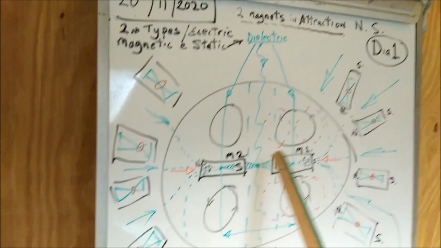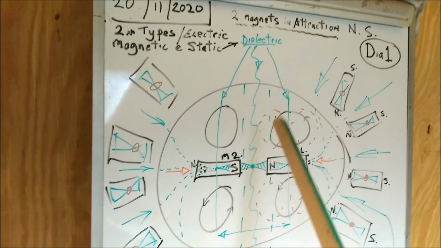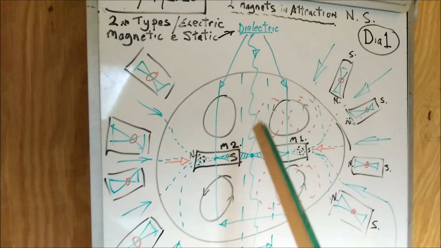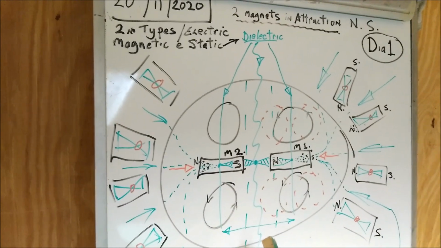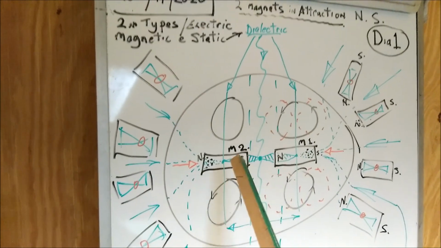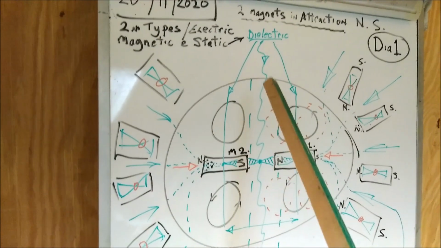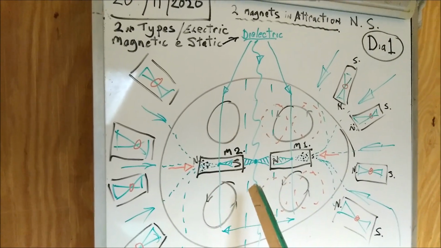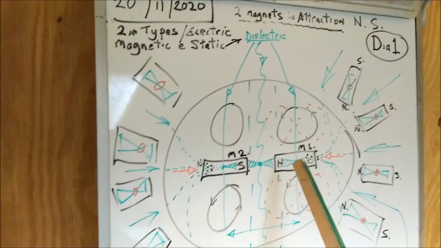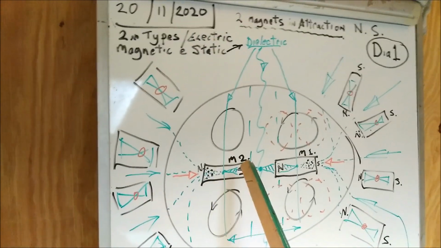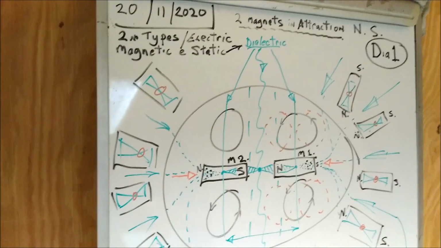But as you close the two magnets, the dielectric position wavers or changes. Because if these two magnets come together, they become one. And when they become one magnet, the dielectric is in the middle. But before the two magnets come together, the dielectric centre point is somewhere in between.